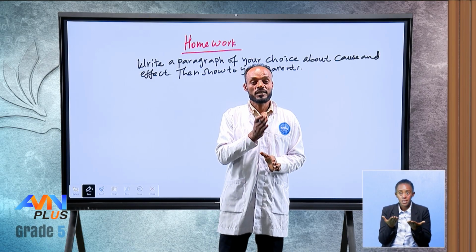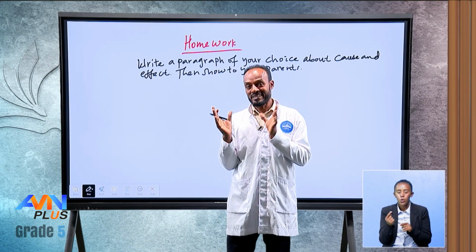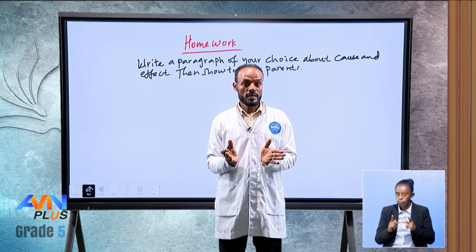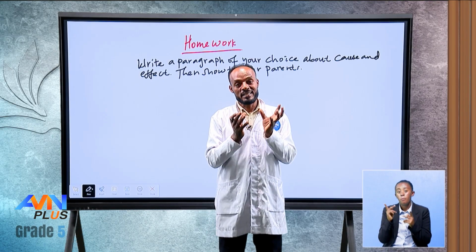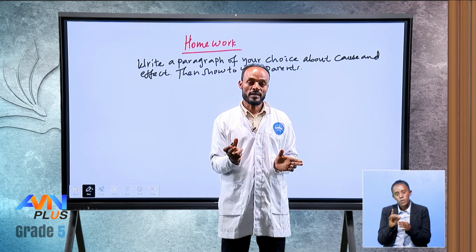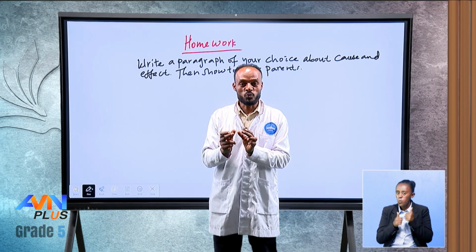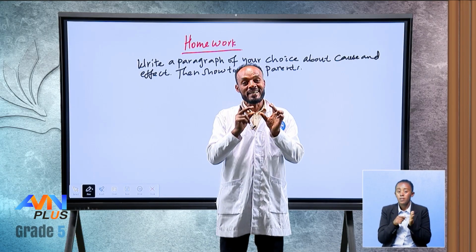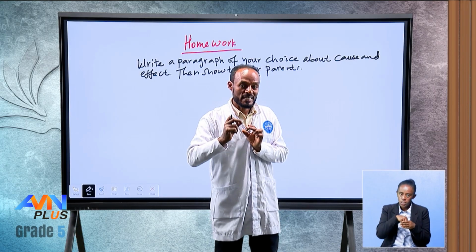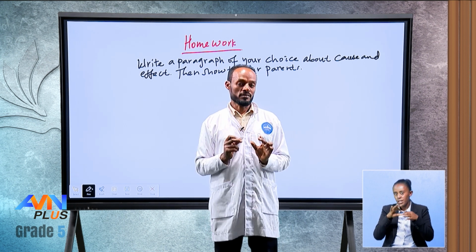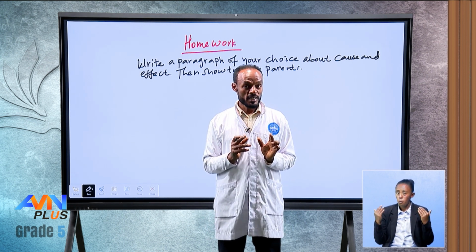We talked about that at sentence level and paragraph level. A paragraph is a collection of related sentences which talk about one main idea. And it contains a topic sentence, supporting sentences, and a concluding sentence. I hope it's clear.